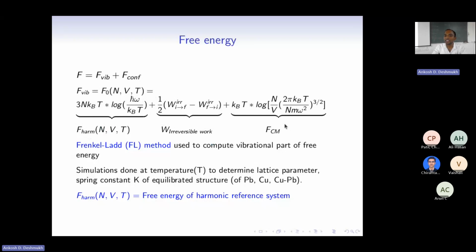And the third term is the correction added due to the center of mass correction of the system. So these three terms are included to calculate the vibrational free energy, and this methodology is known as the Frenkel-Ladd method to compute the vibrational free energy part of the systems.